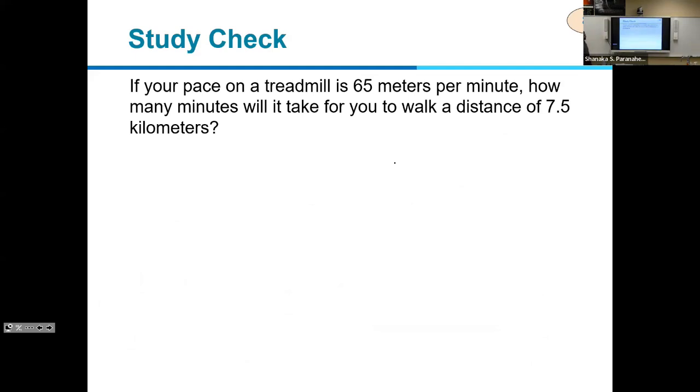If your pace on a treadmill is 65 meters per minute, how many minutes will it take for you to go a distance of 7.5 kilometers?